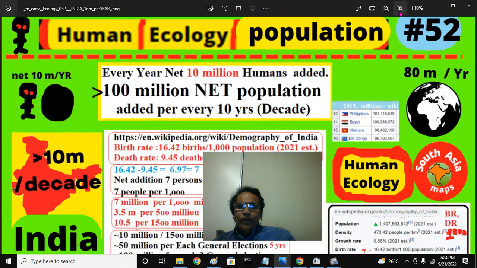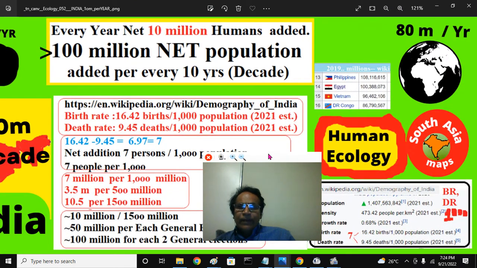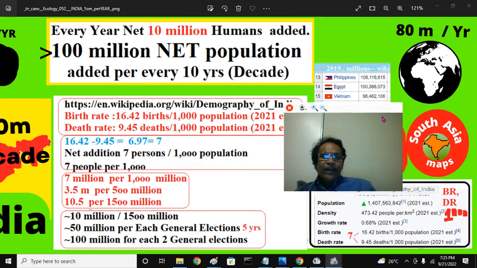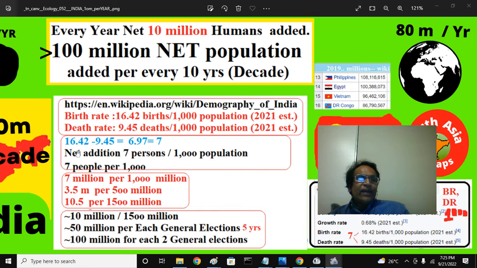Coming to actual things, if you go to Wikipedia, you can see this is the birth rate for 1,000 people. If you take 1,000 people, an average Indian village, let's say around 2,000 people or so, you say 1,000 people, in which there are 16 births per year and around 9.45 deaths. That's what I have given here. There are 16.42 births and 9.45 deaths. Roughly 7.